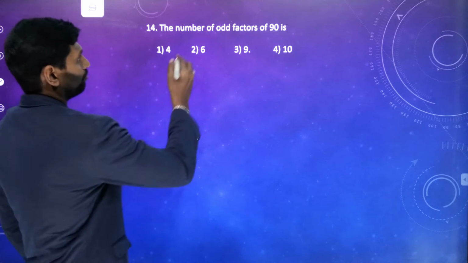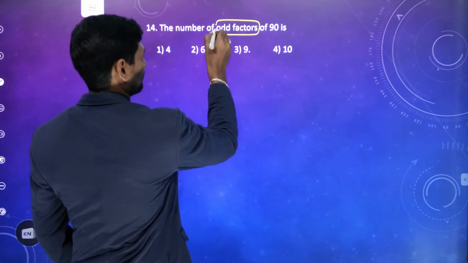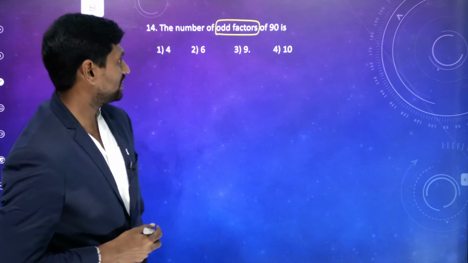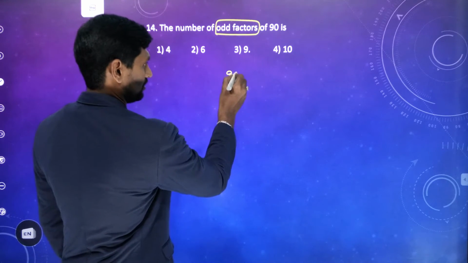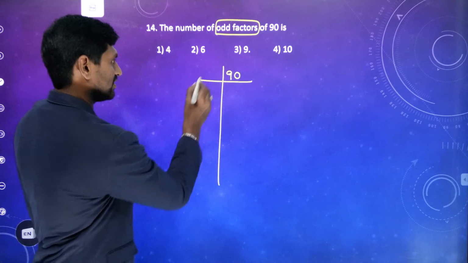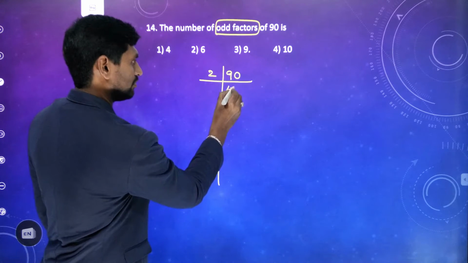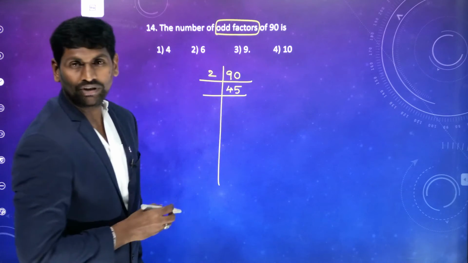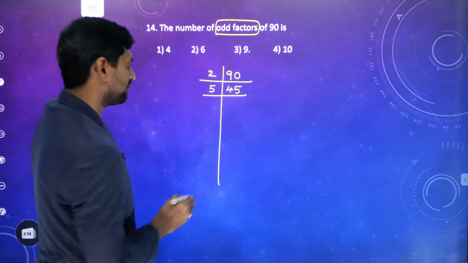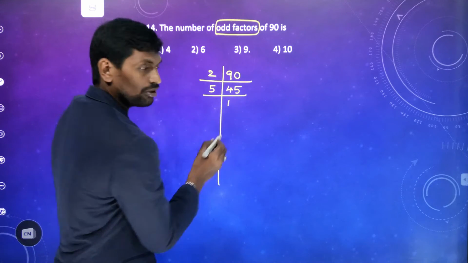Next, number of odd factors: odd factors of 90. Same process. First prime number 2: 2 table 45 times. Next, 3 you can take or 5 you can take. 5 table, how many times?